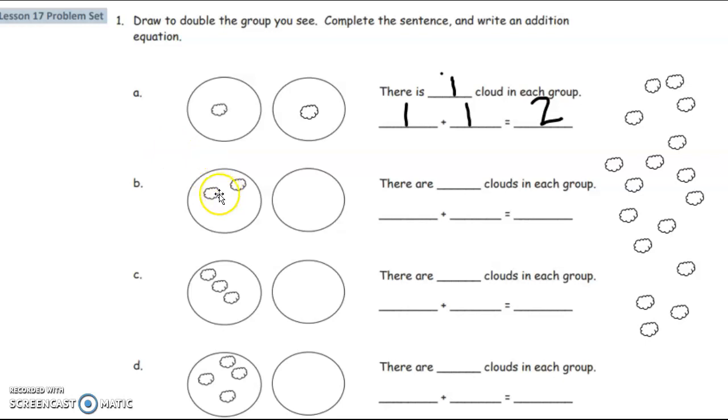Okay, letter B. I have two clouds here. So how many clouds should go in this circle? Remember, I am drawing to double the group that I see. Yes, if you guessed two clouds goes in this circle, then you are correct. Go ahead and pause this video and fill out the sentence frame and the equation.